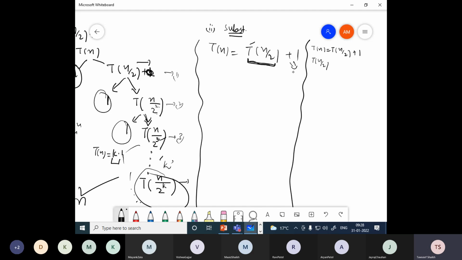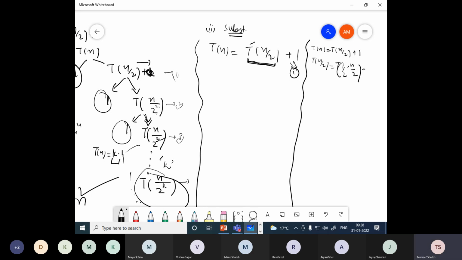And this I will denote by equation number 1. So I will try to find t of n by 2, so that I can substitute that t of n by 2 here in equation number 1. So for t of n by 2, what does it mean? As we saw in the decreasing case, in place of n we have to substitute n by 2. So this will be t of n by 2 itself, 1 by 2 into, here in place of this n we have to substitute n by 2 again.